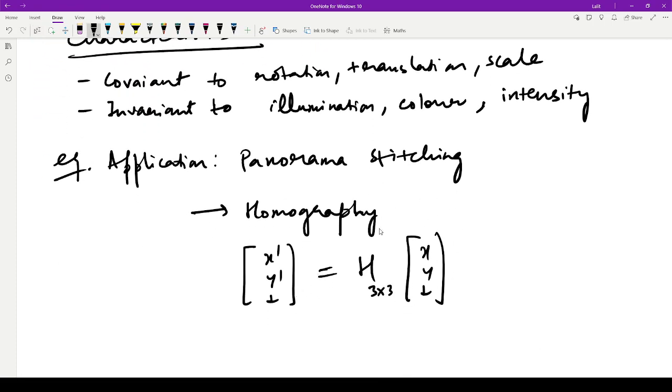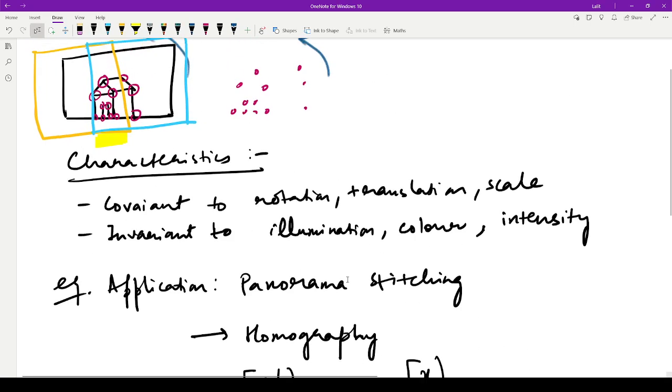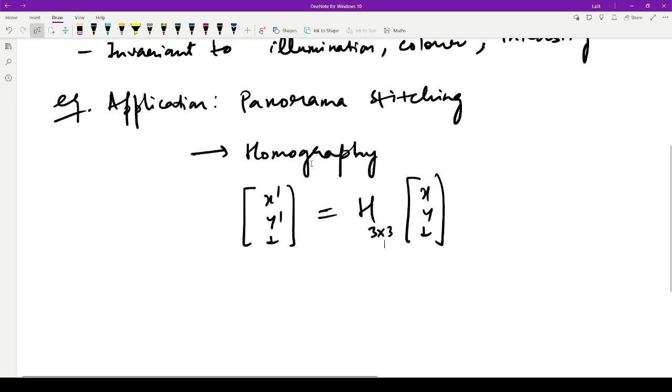As you can clearly see, the left and right sides are three-element vectors, and this can be estimated if you are given correspondences. Here you assume that x prime, y prime and x, y are correspondences in the left and right image, whatever convention. Based on this, you can estimate the homography.